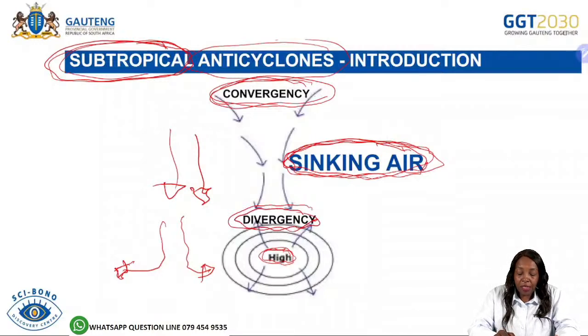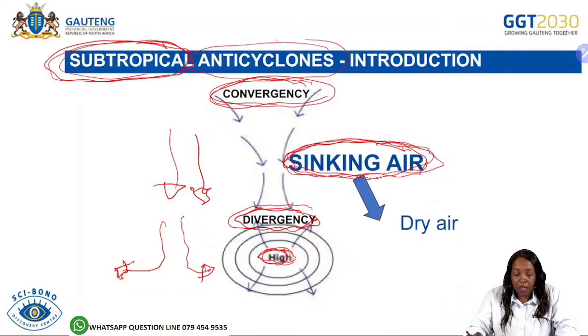So that then results in the development of a high pressure. So the movement around the high pressure would be the anti-clockwise movement, which is associated with the high pressure cells. What characteristic is this sinking air?